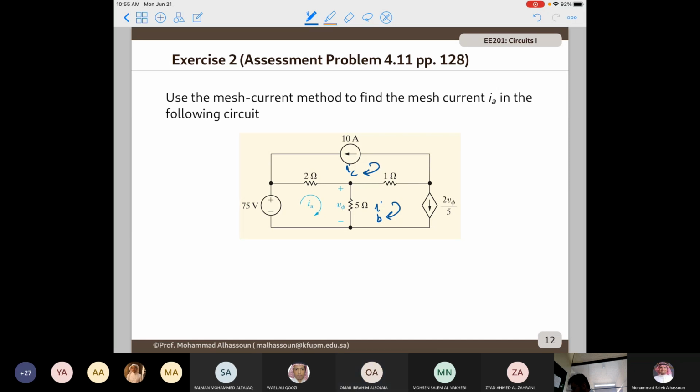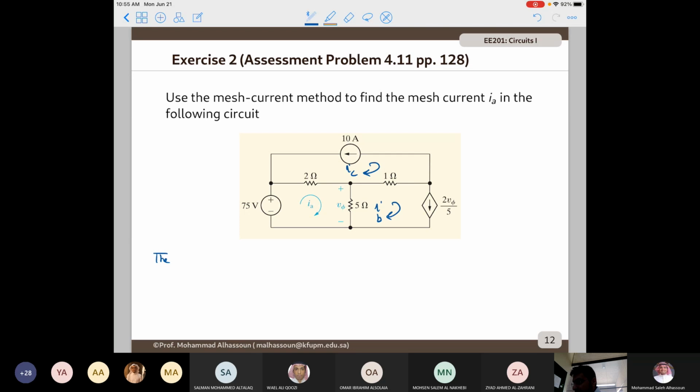Exactly. So we can see here that although we have 3 equations, 3 meshes, it turns out that for 2 of them, we have a current source in the perimeter. So the value of the current source equals a constant, plus or minus the mesh current here. So the problem can be easily simplified.